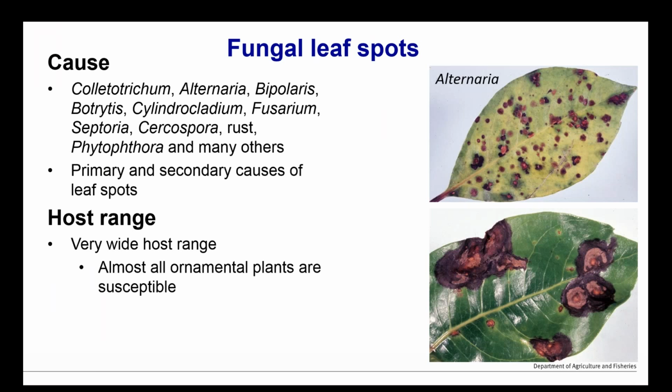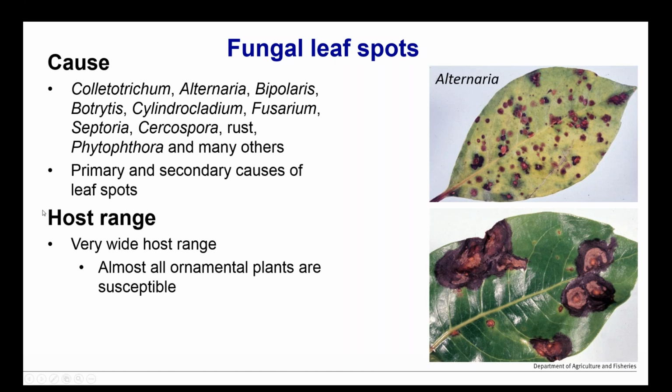All right, fungal leaf spots. There are a huge number of different pathogens that cause leaf spots across the range of nursery plants that you may grow. The ones listed here are just some of the more common ones.